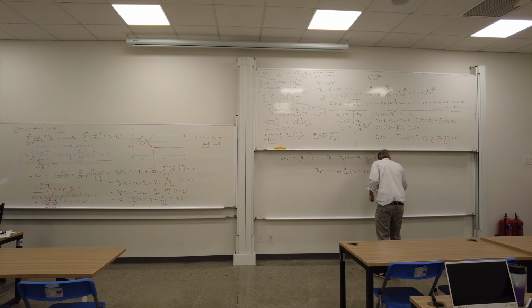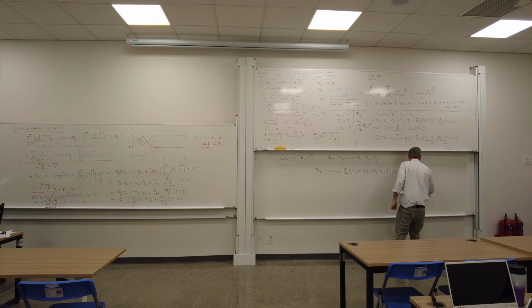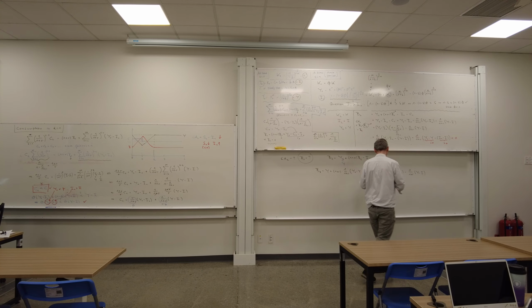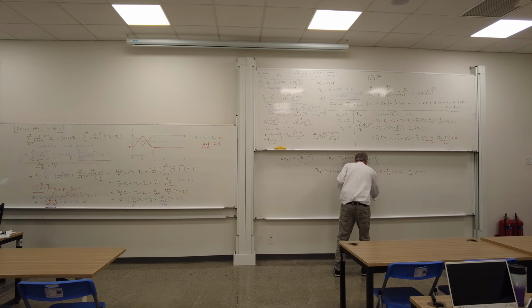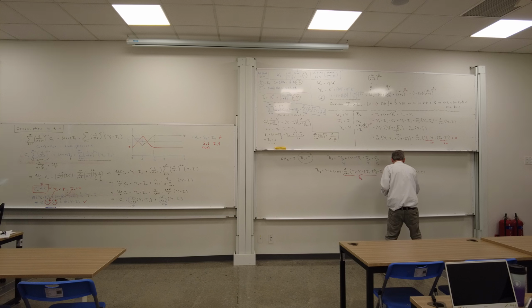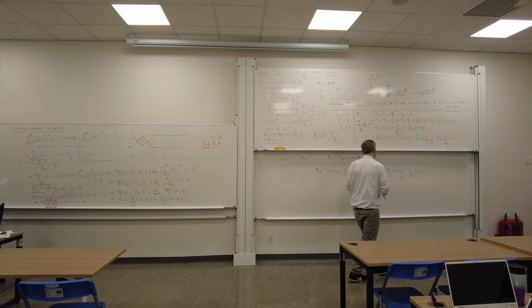R over 1 plus R, 1 plus R, Y1 minus I1 minus 1 over 1 plus R, Y minus I. So that's the B2 part, and that's the minus C1 part.